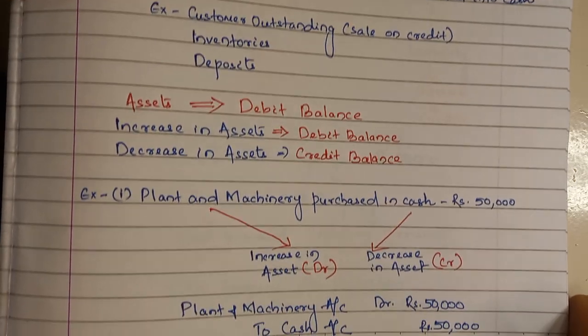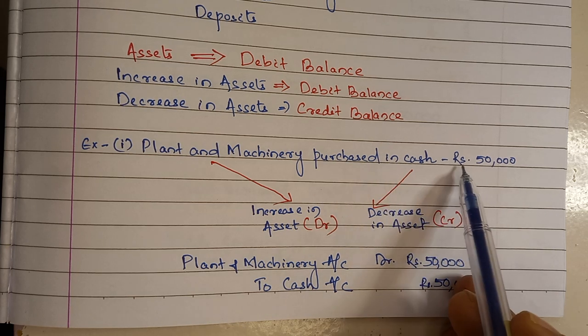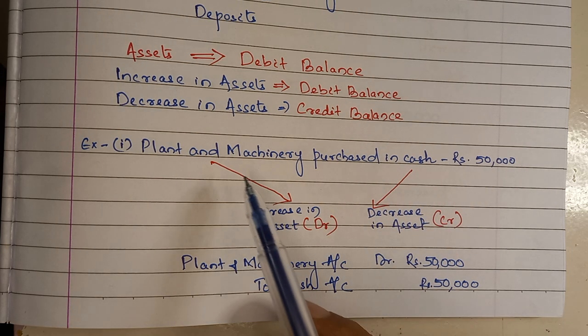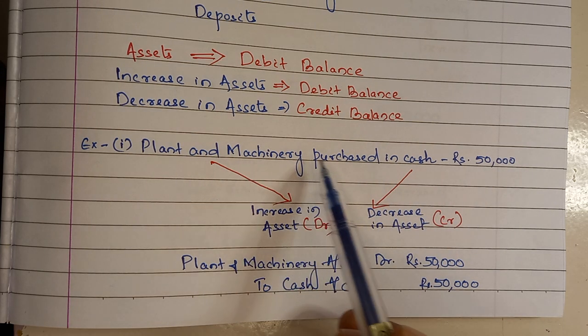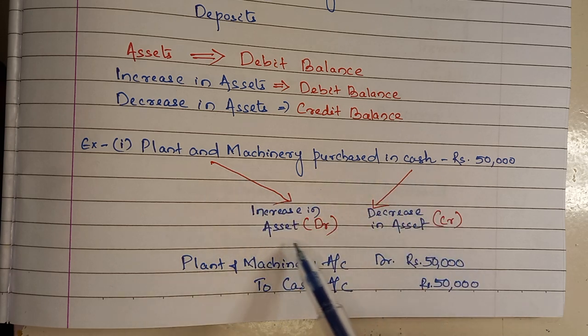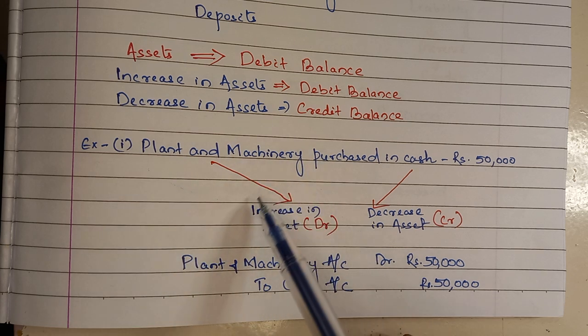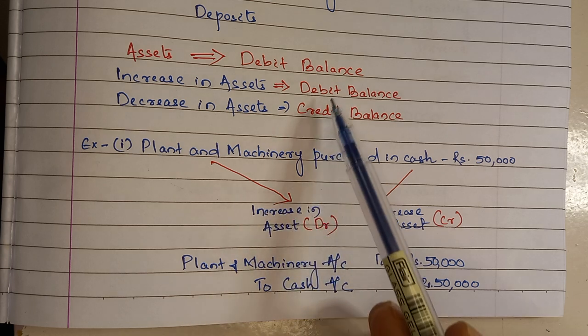Now let's take an example: plant and machinery purchased in cash for 50,000 rupees. Plant and machinery is an increase in asset for the business, because today we don't have any plant and machinery, but by this transaction the business is getting it. So increase in an asset is a debit.